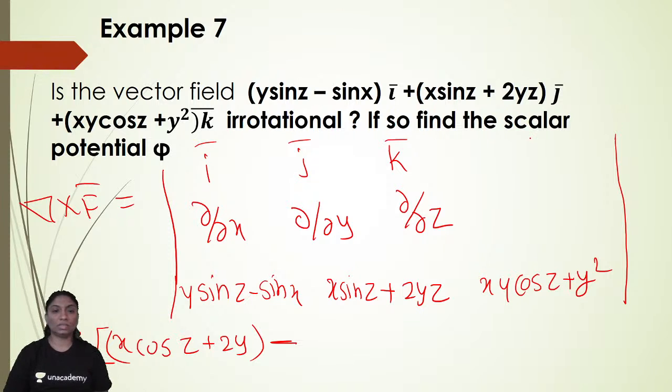minus del by del z of F2. So del by del z of this gives x cos z plus 2y.